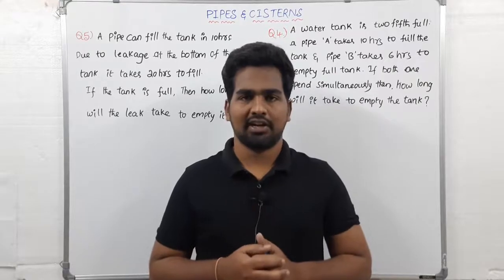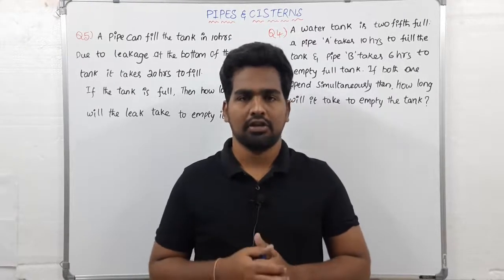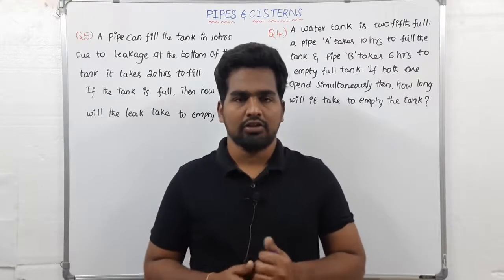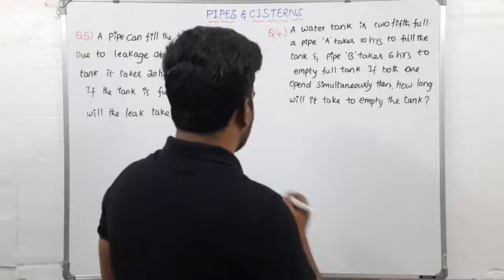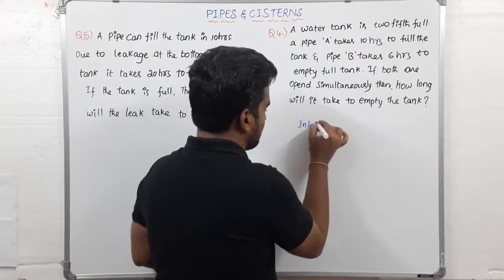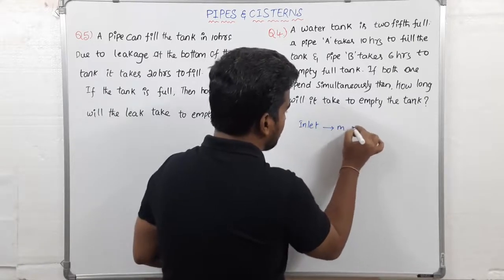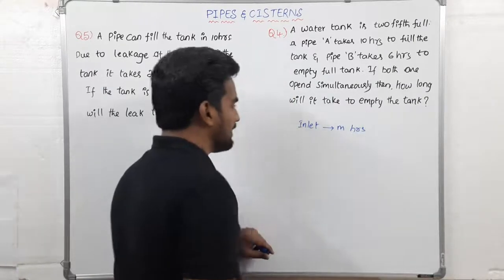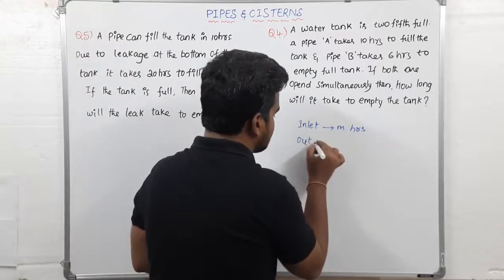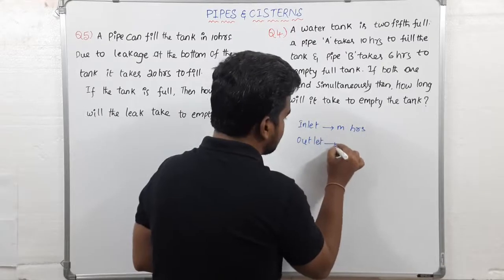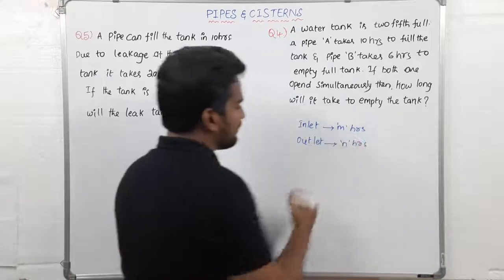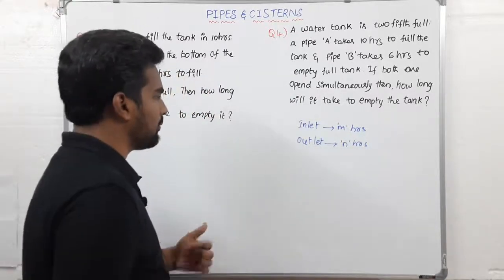So let us recall the formula which we have used to calculate the total time taken to fill or empty the tank. For that we have assumed that the inlet pipe takes m number of hours to fill the tank and the outlet pipe takes n number of hours to empty the full tank when they are operated individually.